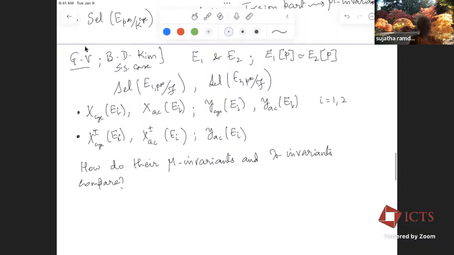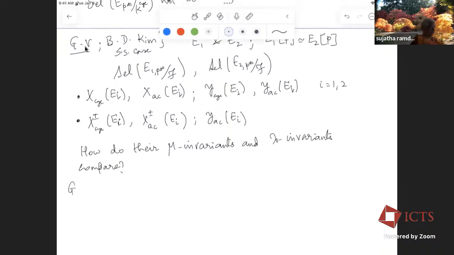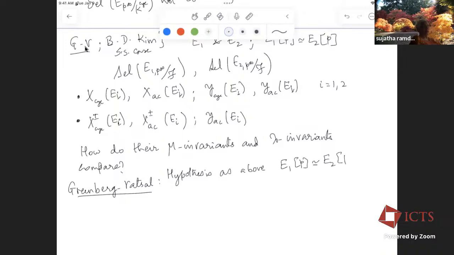And Greenberg and Vatsal, they sort of initiated this program and proved some very beautiful results. So they said, hypothesis as above in the ordinary case. So we are talking about the ordinary case. That is, I have E1 and E2 elliptic curves over Q such that the residual representations are isomorphic.